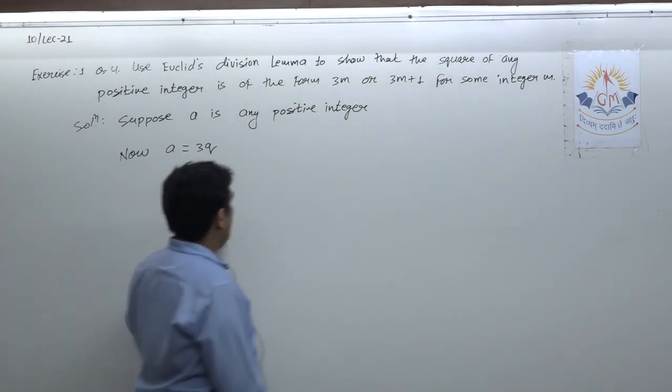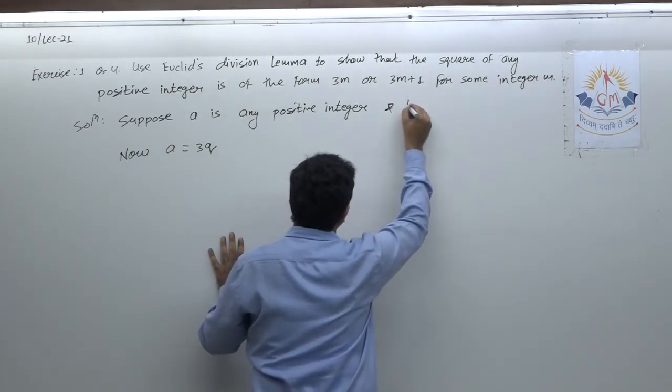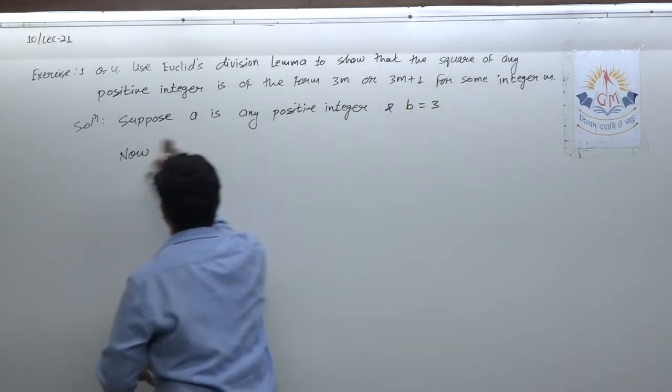Okay, so suppose A is any positive integer and B is equal to 3. Okay, B is equal to 3.